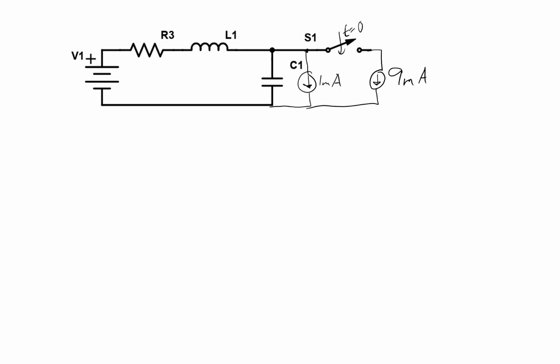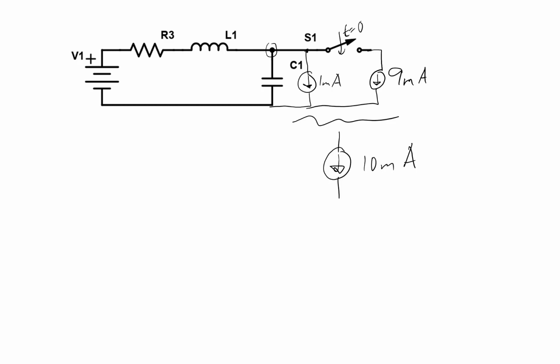First off, let's note that after t equals 0, when that switch closes, this becomes really just a single 10 milliamp source. So this load current is fixed at 10 milliamps from time t0 onward. I don't really know where to start this, at least I wouldn't if I was sitting taking a test, so I'm going to write Kirchhoff's current law here at this node.